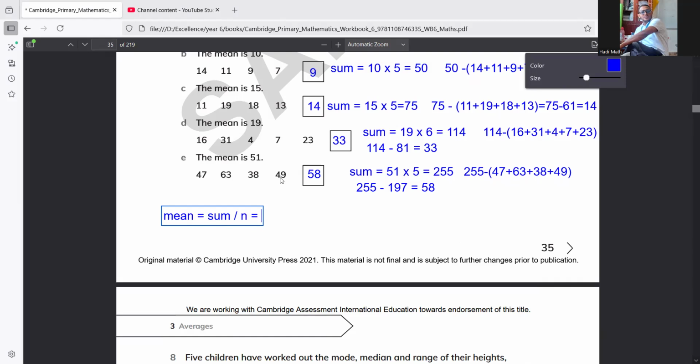And 49 makes 197, plus 58 is equal to 255. You divide it by what? By how many are there? 1, 2, 3, 4, 5. Divide by 5. That's equal to 51. So exactly, it is your mean.